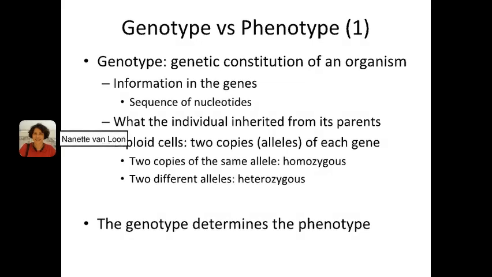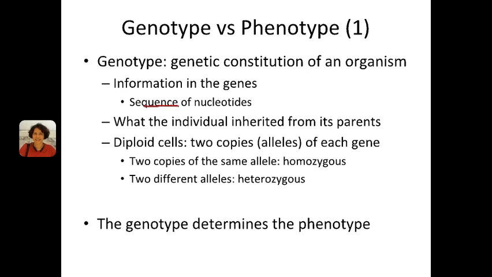Let's talk about two important terms in genetics, genotype and phenotype. In this slide, we'll be taking a look at the genotype. The genotype of an organism is its genetic inheritance, its genetic constitution. As we know, the genes contain information that codes for proteins, and that information is found in the sequence of the nucleotides.